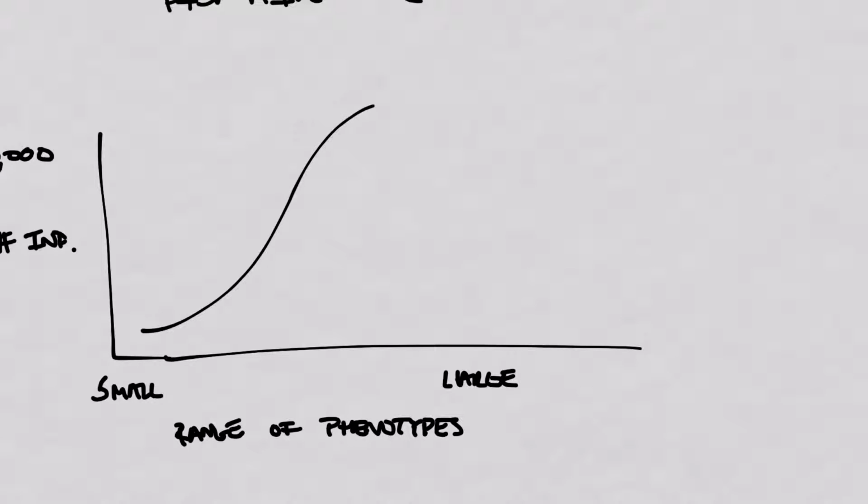So if we have a population at T1, then over time, we start to see that instead of the middling phenotype, or the average phenotype, being selected for, it's actually selected against.